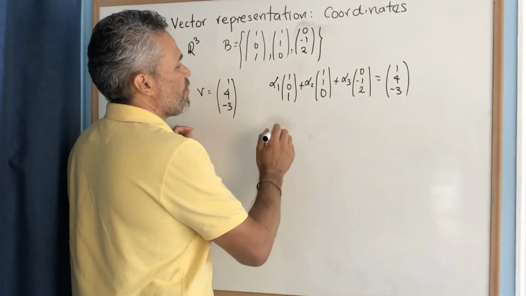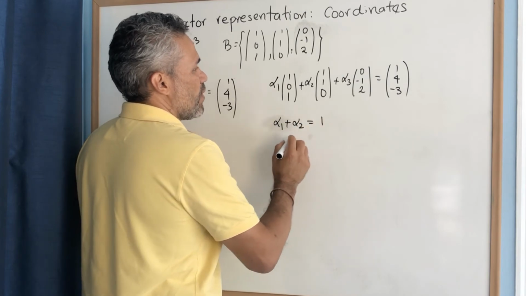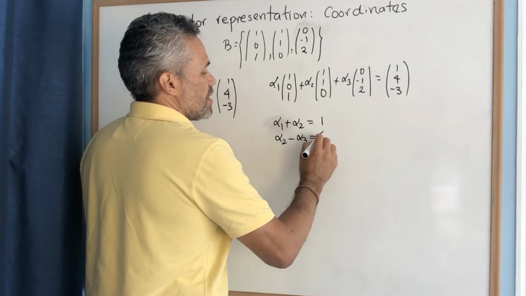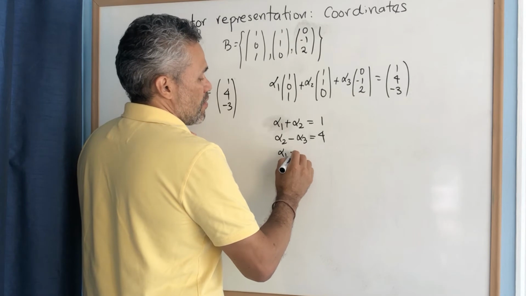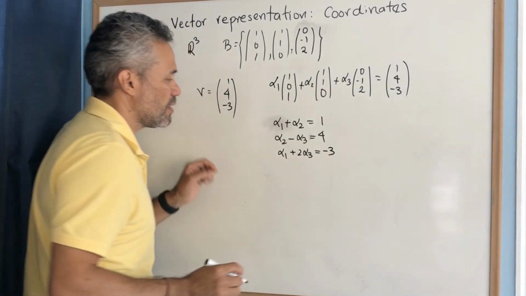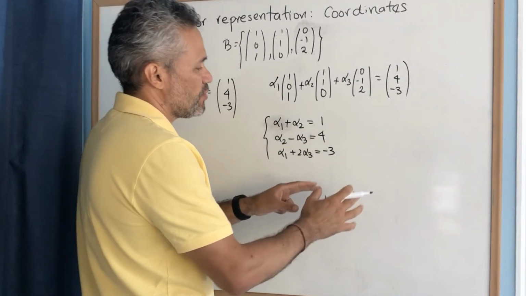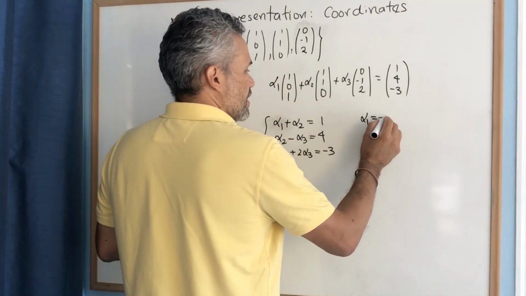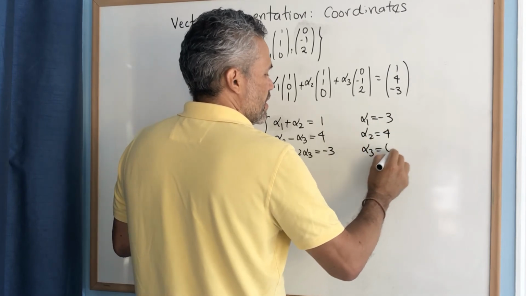Then this is equivalent to the system: alpha 1 plus alpha 2 equals 1, alpha 2 minus alpha 3 equals 4, and alpha 1 plus 2 alpha 3 equals negative 3. And we can check that the solution of this system, by doing row reduction, is alpha 1 equals negative 3, alpha 2 equals 4, and alpha 3 equals 0.